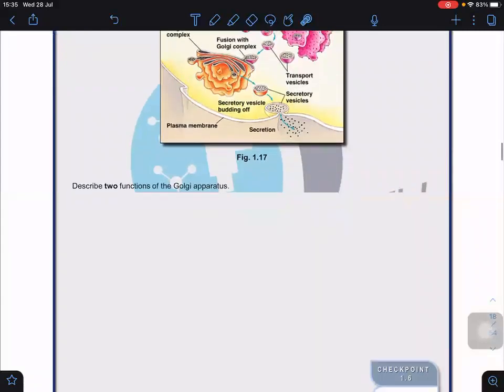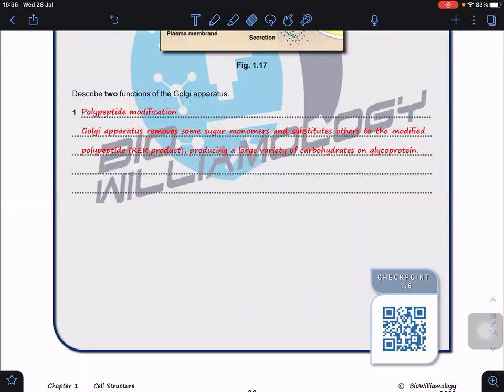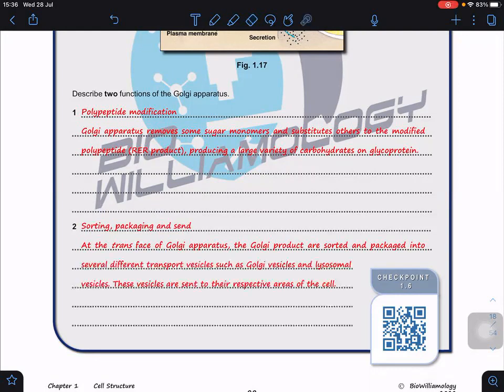So describe two functions. We look at the first function: polypeptide modification. Basically, the Golgi apparatus removes some sugar monomers and substitutes others to the modified polypeptide, which is the ER product, producing a large variety of carbohydrates on these glycoproteins. The second role is involved in sorting, packaging, and sending out the Golgi products.